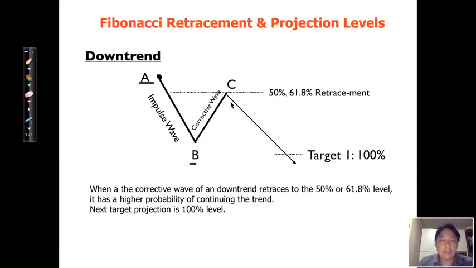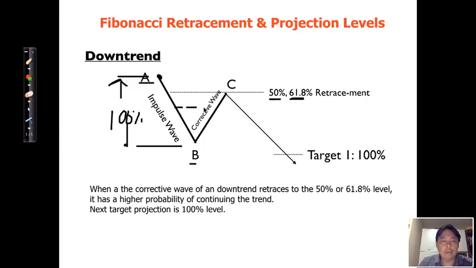So A, B, C. Now, we want to ensure that C retraces to, again, the 50% or the 61.8% retracement level. So if you think of A to B, the distance from A to B, let's take it as 100%, like so. Then we want the corrective wave to retrace to 50% of that.